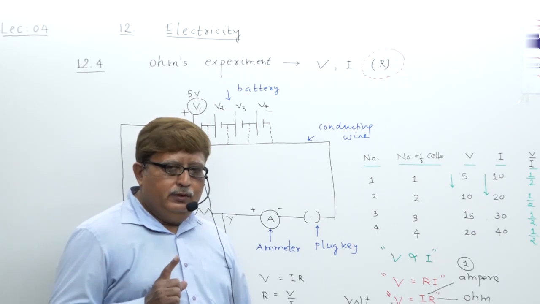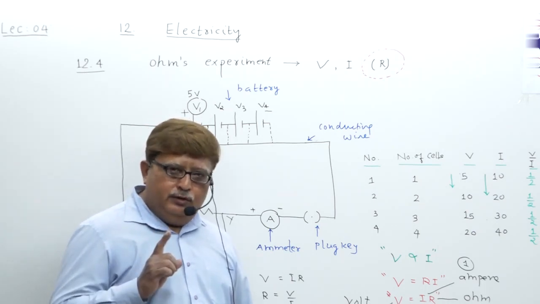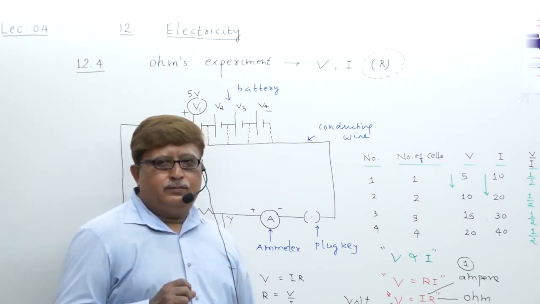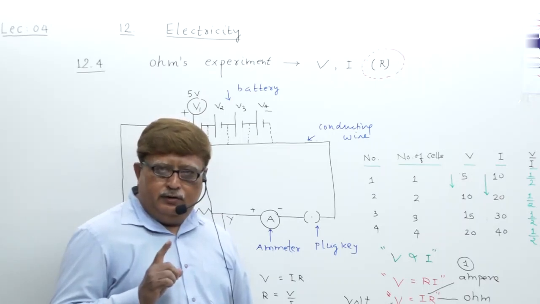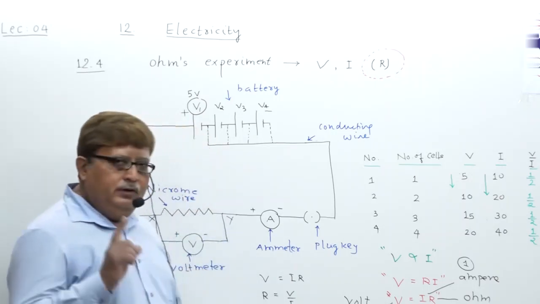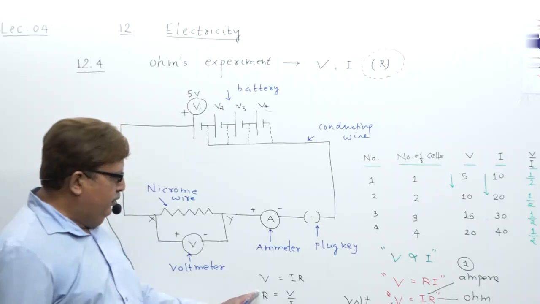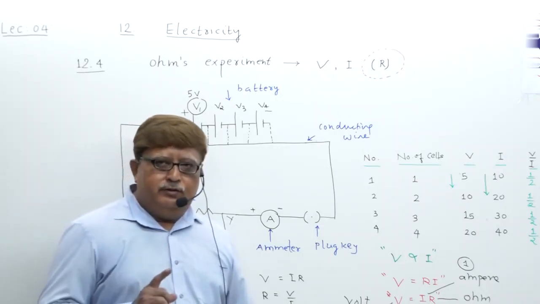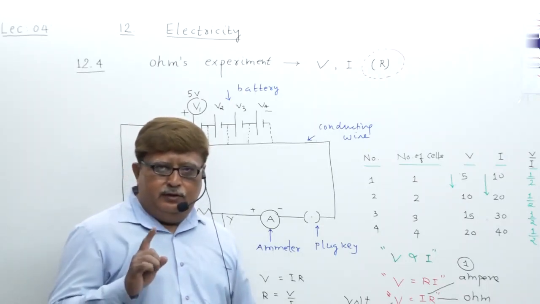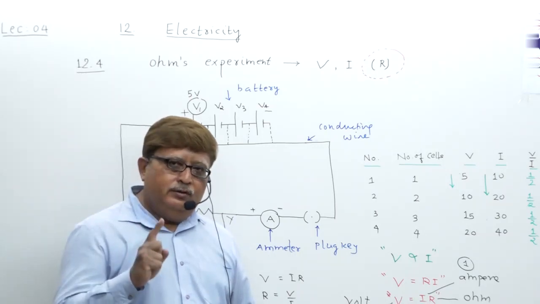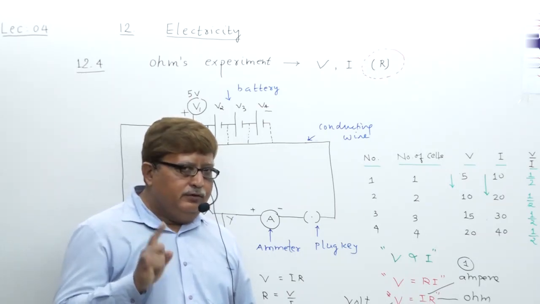What I spoke? The amount of current flowing in the conductor is 1 ampere, then the resistance of that conductor is called 1 ohm resistance.